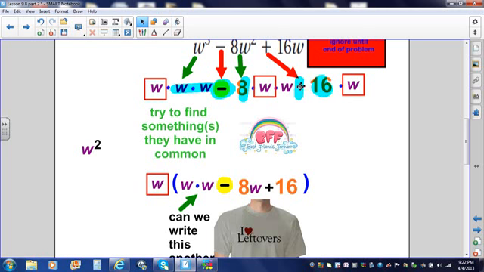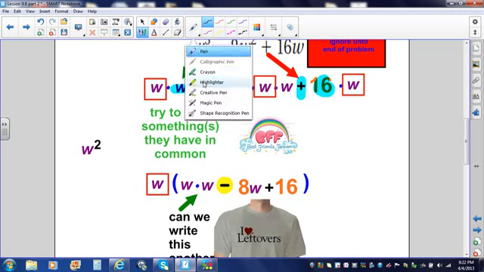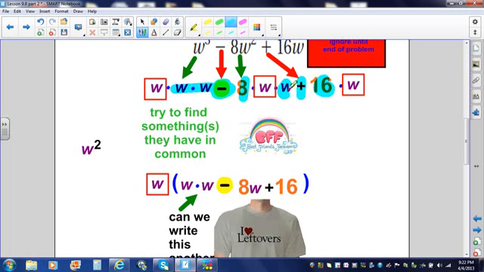So again, I just brought down what they had left over. They had w times w, they had a subtraction sign, an 8, a w, a plus, and a 16. That's what they had left over.